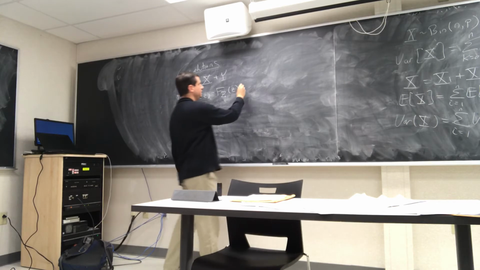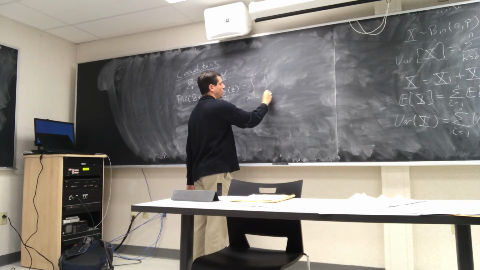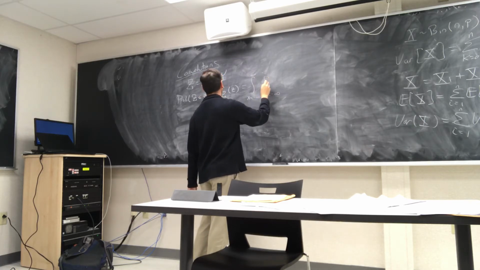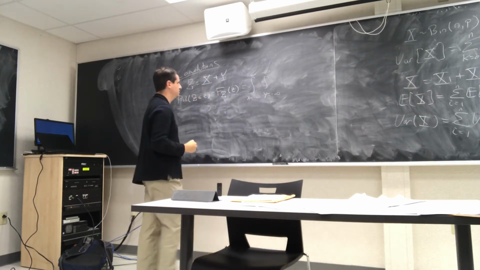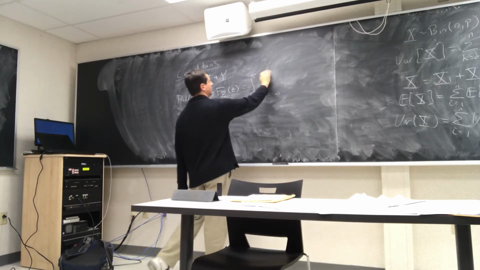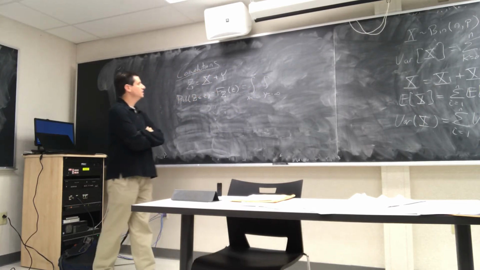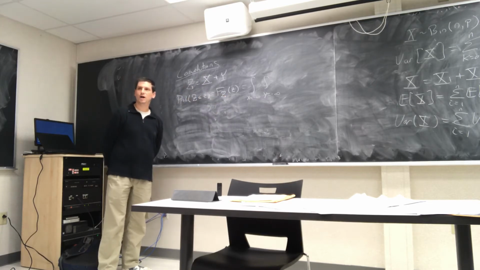So this is going to be the integral, x goes from minus infinity to infinity, integral y goes from minus infinity to infinity. Then I'm going to fix the bounds right now. Given a value of x, if I want x plus y to equal z, little z, how large can y be?